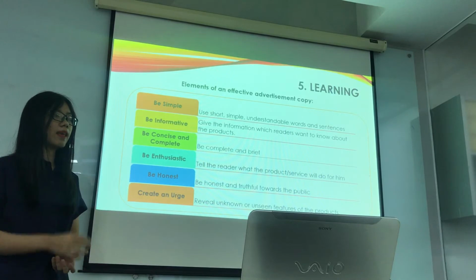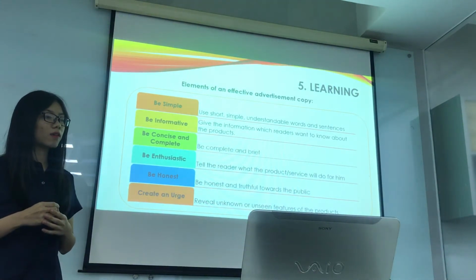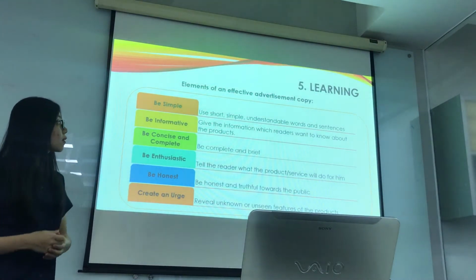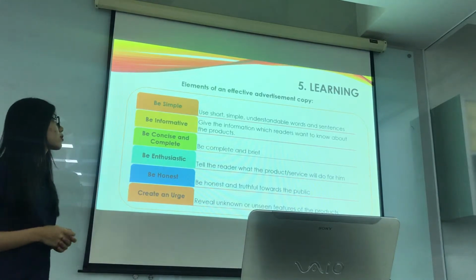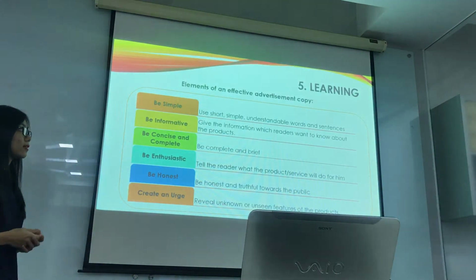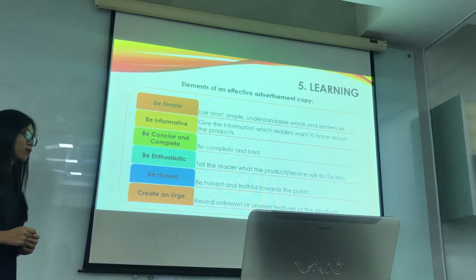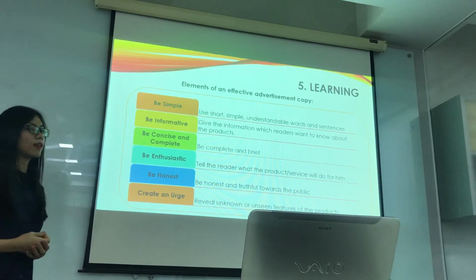And there are some elements of an effective advertisement copy. So how can you make an effective ad copy? First, it must be simple. Use short, simple, understandable words and sentences, because nowadays people want quick things. They want something catchy in a very short time, especially in advertisement.